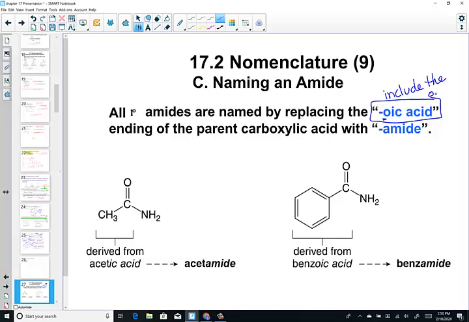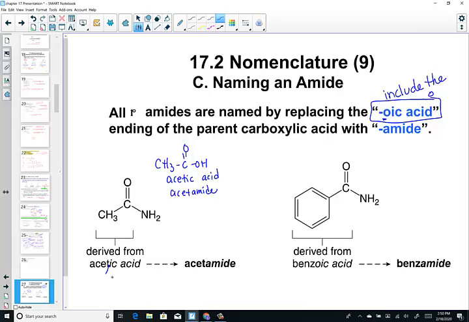So a moment ago, as the parent carboxylic acid, we would have called this acetic acid. So this becomes acetamide. This had no O in it, so there's no O to convert.